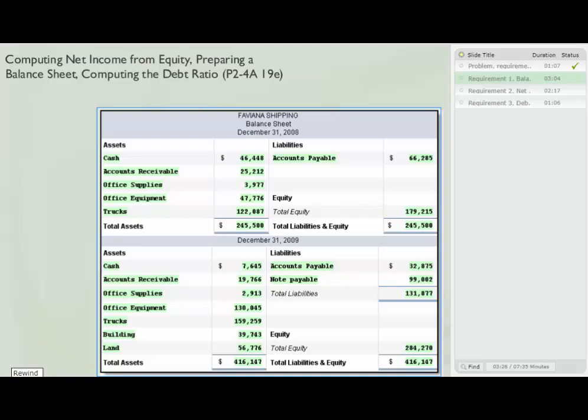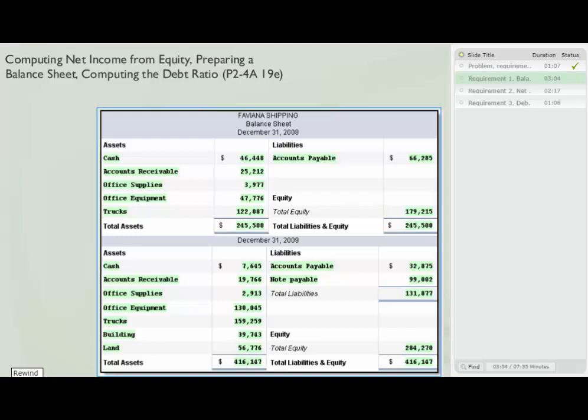The total of those equaled $131,877. So we compute equity by subtracting total liabilities of $131,877 from total assets of $416,147.